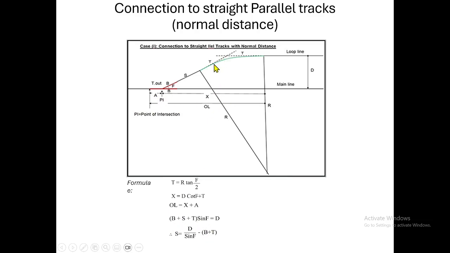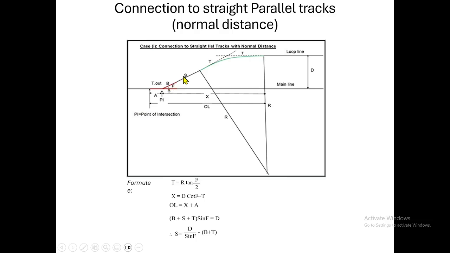Then if you want to find the straight portion, suppose you want to introduce some straight portion in between, keeping the radius equal to some known radius, between the heel of crossing and the first tangent point, you want to know S. We can relate the formula using the hypotenuse and the opposite side, so the sine rule.